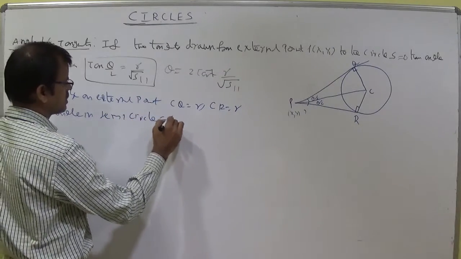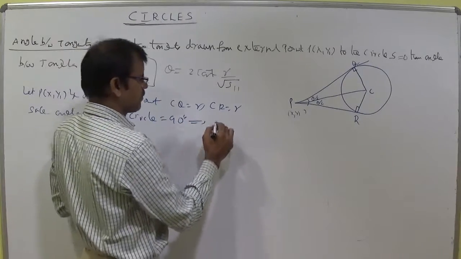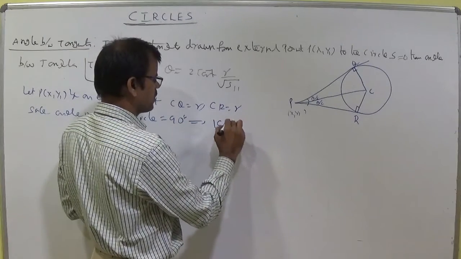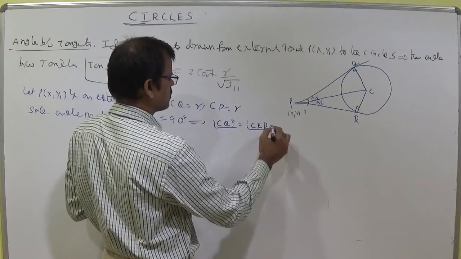Since angle in semicircle is 90 degrees, that implies angle CQP = angle CRP = 90 degrees.